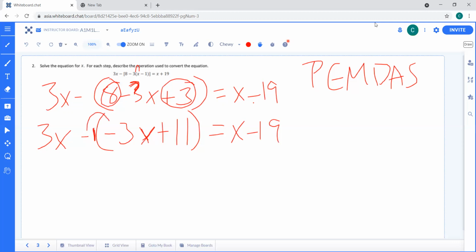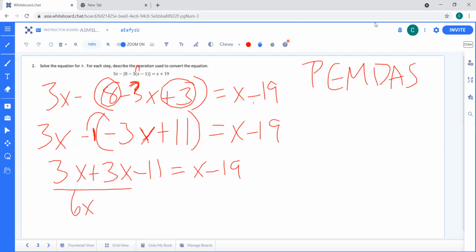Remember, act like this is a negative 1. We're going to negate everything on the inside. So this becomes positive, that becomes negative, and we can get rid of the parentheses now. Once again, I'm going to do commutative property slash combine like terms. These are like terms.